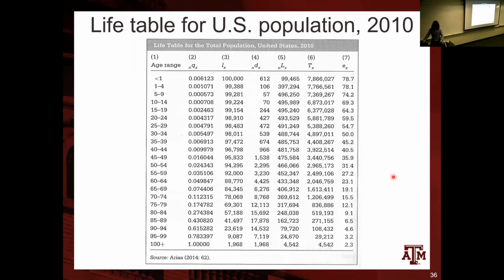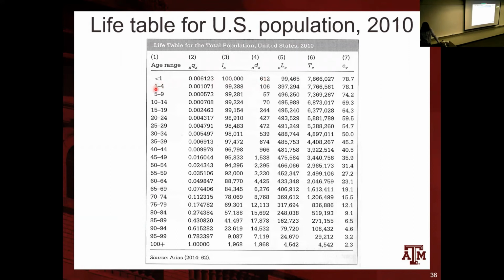I have the probability of dying multiplied by the radix, the little l0, because that's the first age group here, going from 0 to 1. So 612 people would be expected to die if this amount here are exposed to this rate before they reach age 1. So 612 people die before reaching age 1.